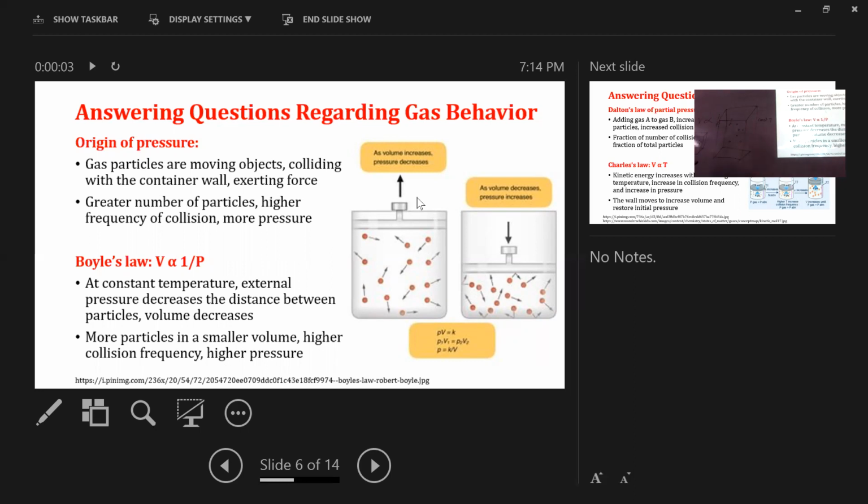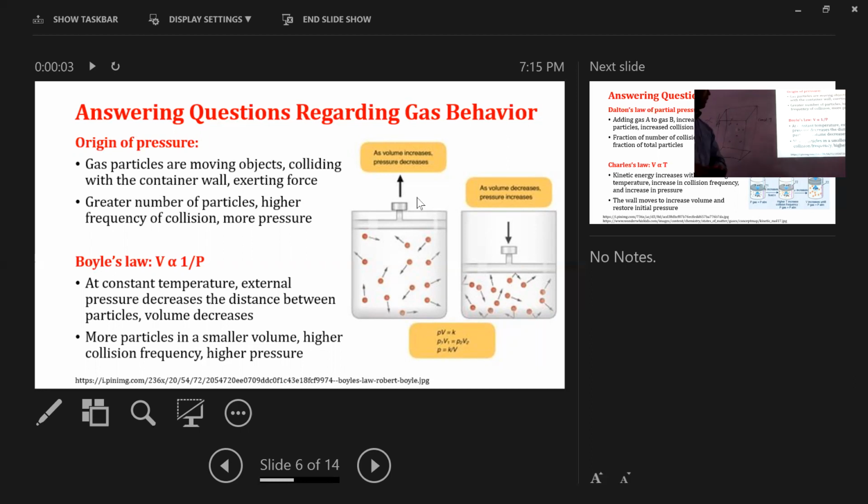In that case, all the molecules are moving randomly, as already mentioned, and they have some kinetic energy, and they are moving and colliding with each other. These two molecules are colliding and going far away. Okay, moving objects colliding with the container wall, exerting force.